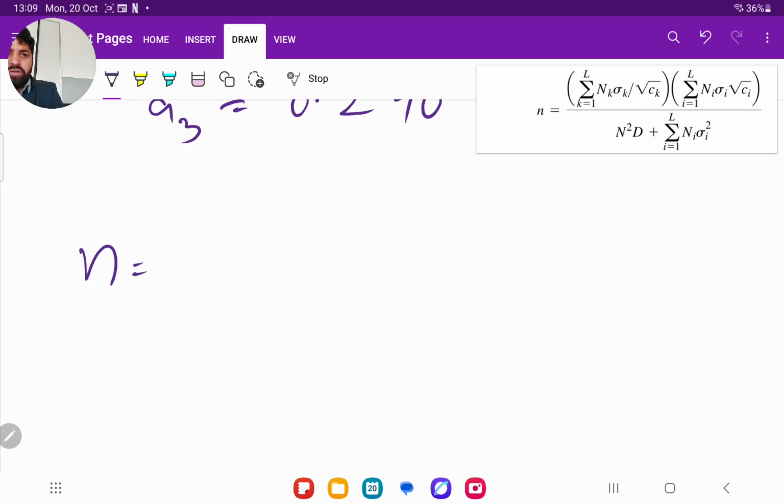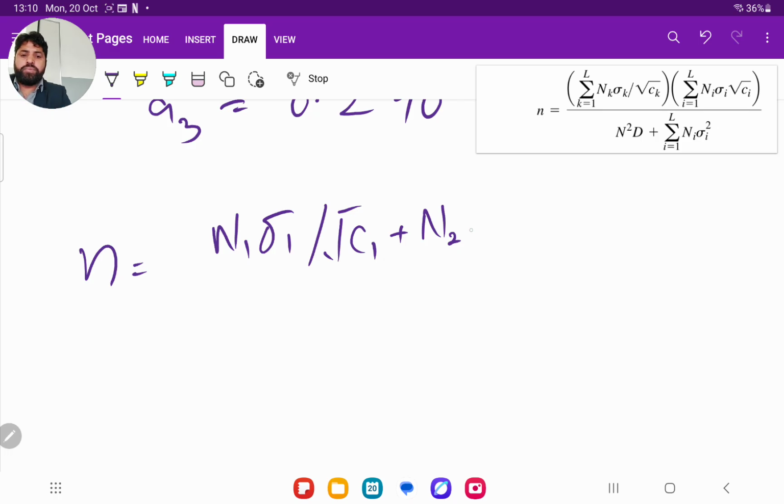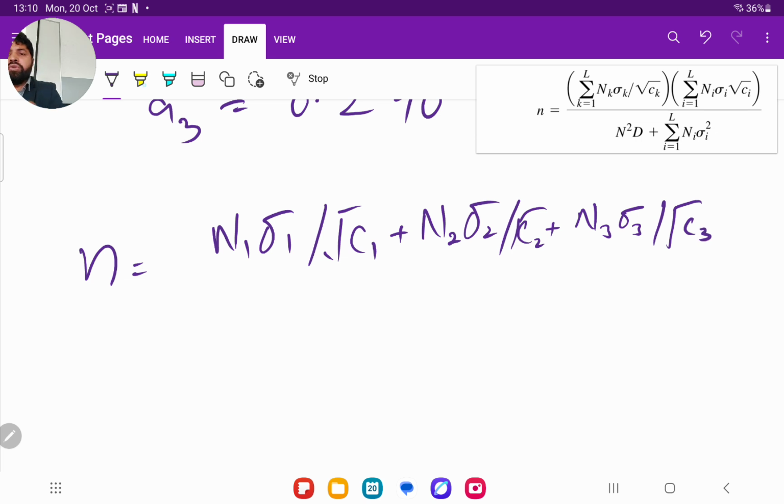So sigma k is going from 1 up to L. So N1 sigma 1, because k is going from 1 up to L, divided by square root of C1 plus N2 sigma 2 divided by square root of C2 plus N3 sigma 3 divided by square root of C3. So I think we can open it this way.